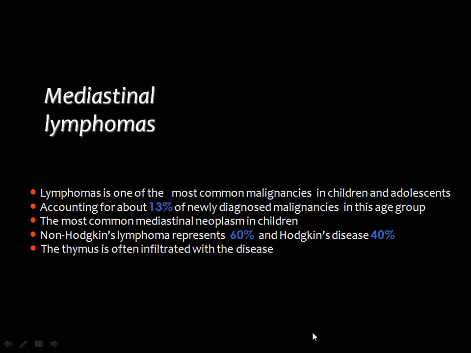Then lymphoma is considered one of the most common malignancies in children and adolescents. It accounts for about 13% of newly diagnosed malignancies in this group of patients. The most common mediastinal neoplasm in children is the lymphoma.